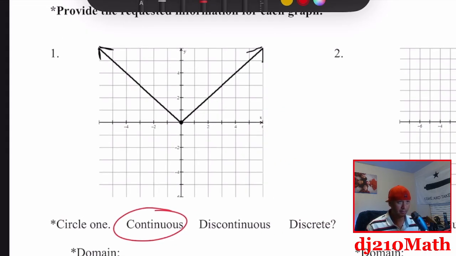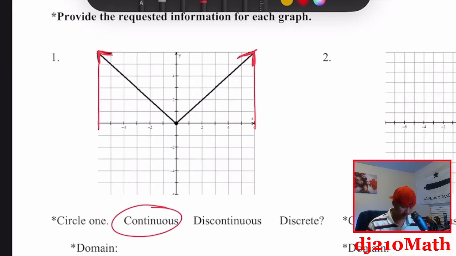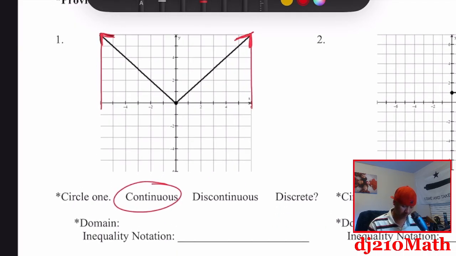The domain, right? If I go most left to most right, the arrows imply infinity. So this is negative infinity to infinity as far as interval notation is concerned, right? Negative infinity to infinity.